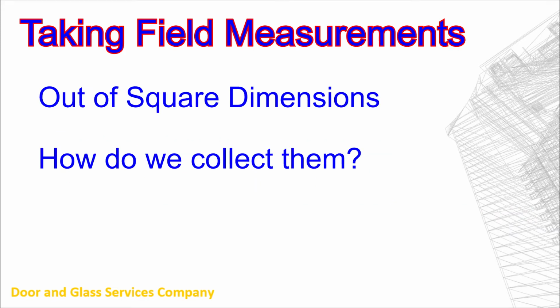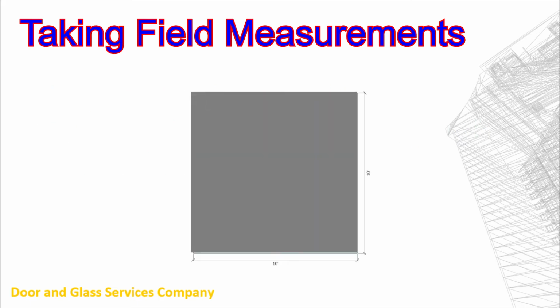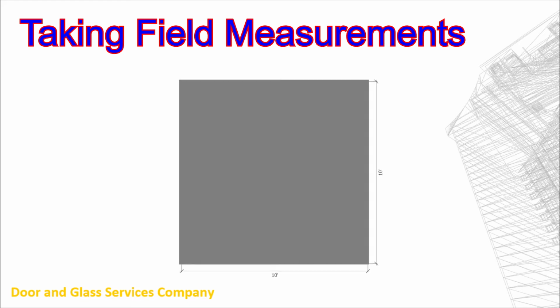So how do we collect out of square dimensions? Before we get started, you might refer to the layout video for a detailed explanation of plumb and level reference lines. We're going to have to measure to reference lines in order to collect out of square dimensions. And maybe this is a good place to point out that we're always measuring to reference lines.